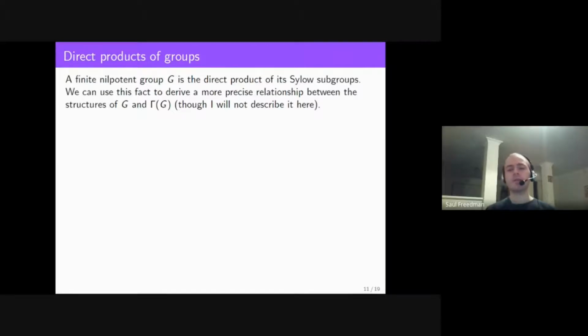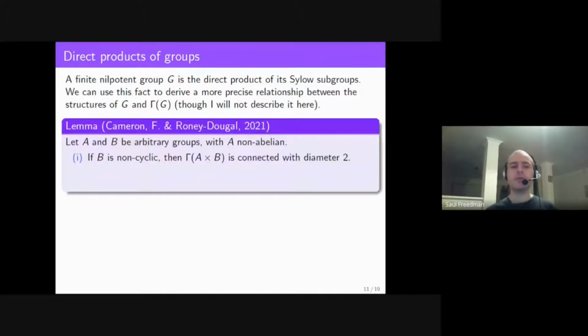And so using this fact, we can derive a more precise relationship between the structures of G and the graph. It's a bit too technical for me to describe here in this talk, so I won't do so. But the proof of this result also uses some more general results about direct products of groups. So I'll talk about those results here. So this is again joint work with my supervisors.